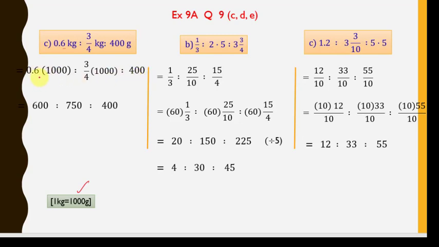Now when you multiply 0.6 into 1000, you have 600. When you multiply 3/4 into 1000, that is 3 into 1000 divided by 4, you have 750. And you write the 400 as it is.